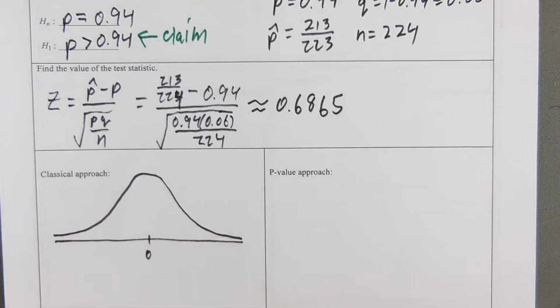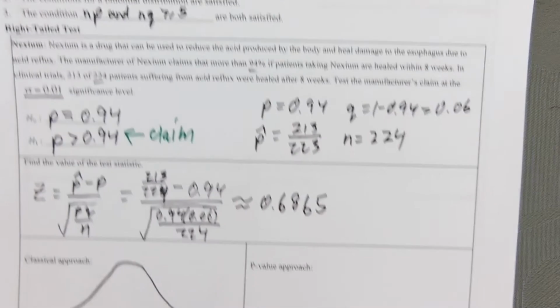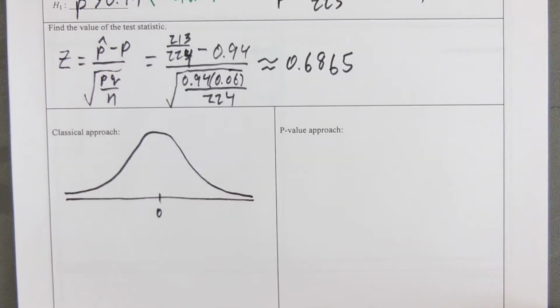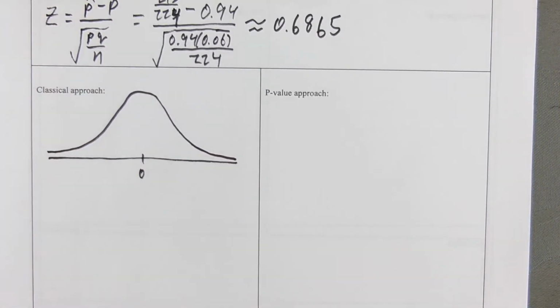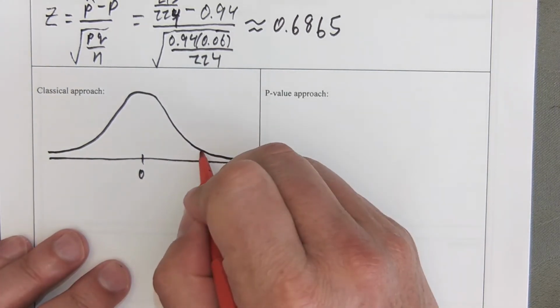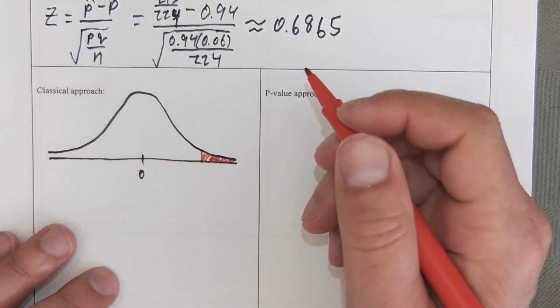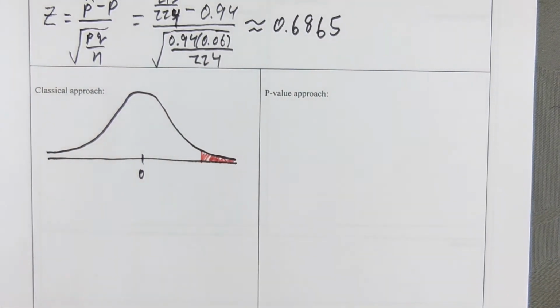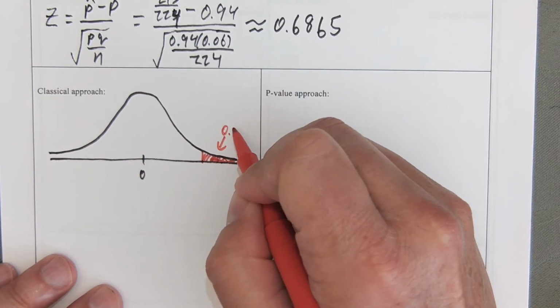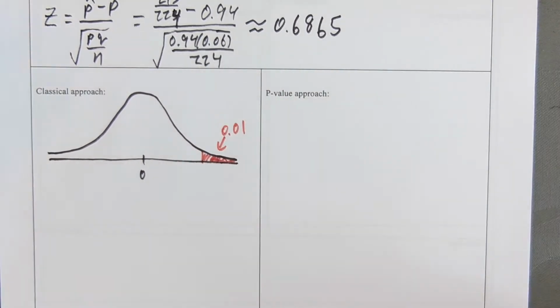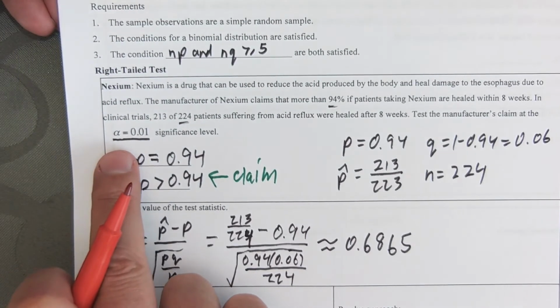By the way, this is a right tail test because it's greater than. So greater than is this way. Our right tail test, our alpha is here, and I know that this is 0.01. They give us our alpha up above, if you take a look right here.